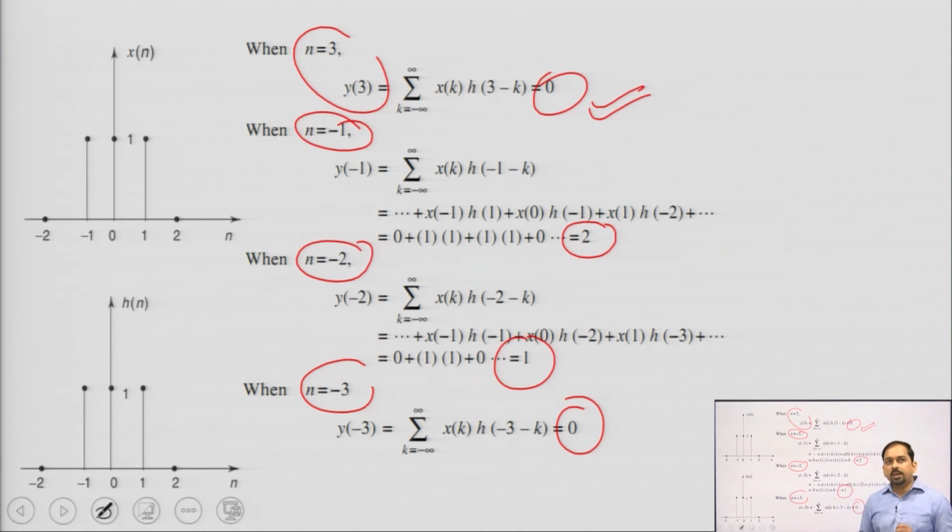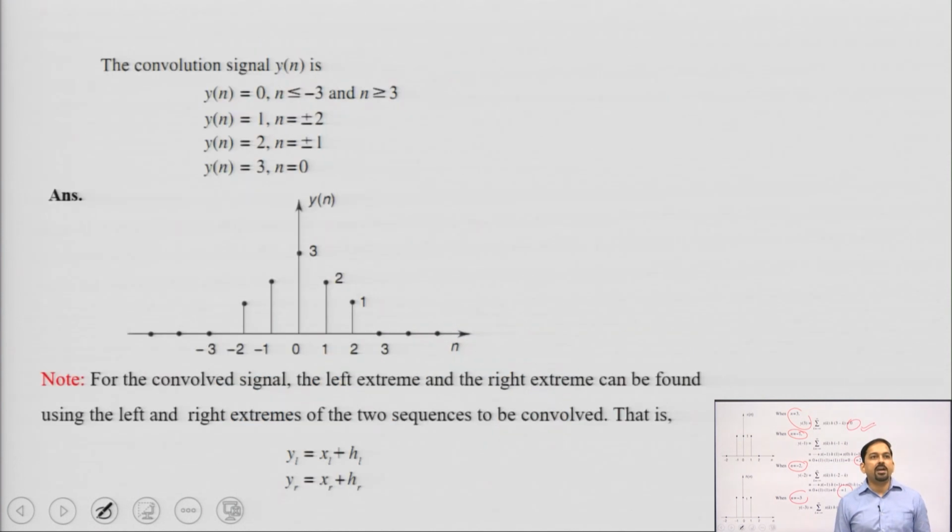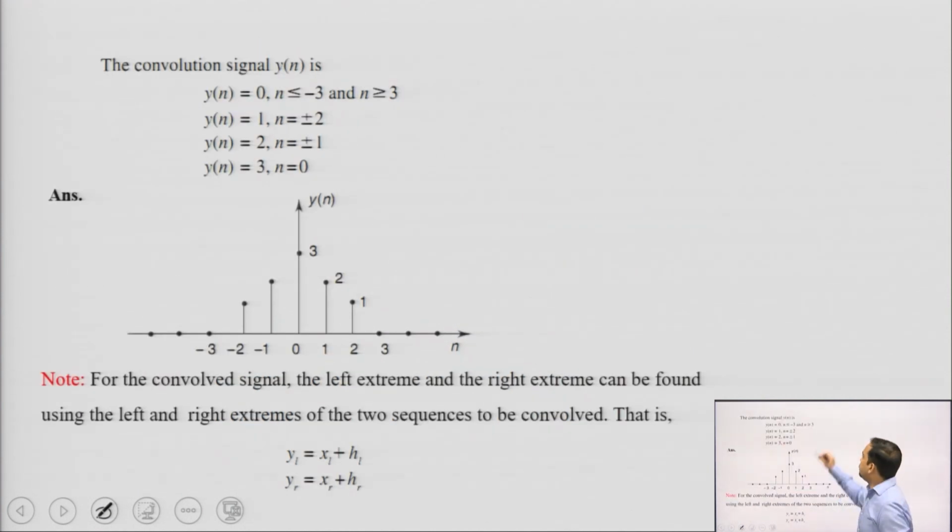So, we can clearly see that the output y of n exists for n equals minus 2, minus 1, 0 and further 1 and 2. So, we are getting output at 5 particular points like this.